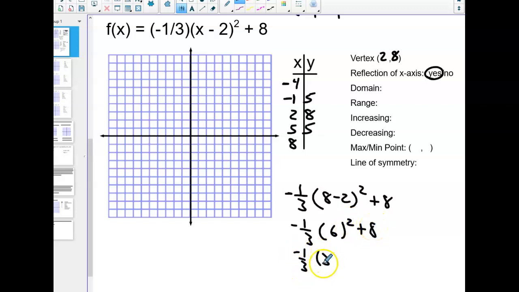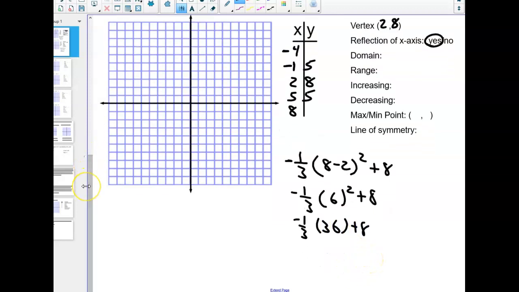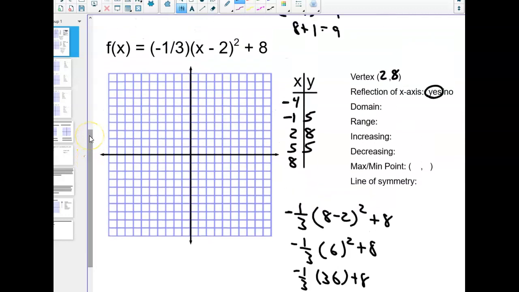Negative 1/3 times 36 plus 8. Negative 1/3 times 36 is negative 12 plus 8. And we get negative 4. Negative 4, negative 4. And we graph those points.